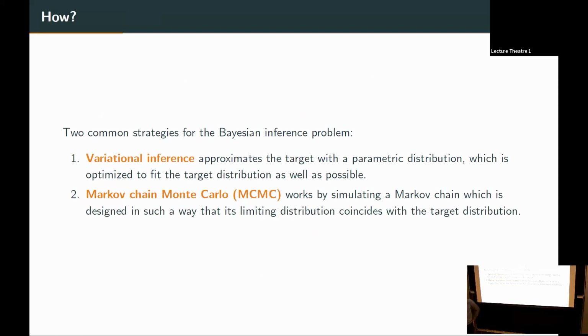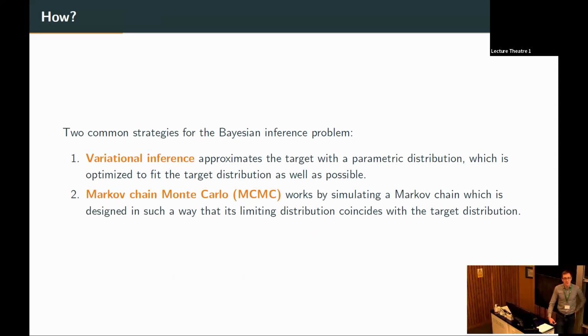So assuming then that this pi of x is not available, typically, we need some way of approximating it. Two common strategies for this approximate Bayesian inference are variational inference and Markov chain Monte Carlo, where variational inference would mean that we postulate some parametric family of distributions that are now our approximating distributions, and then we try to optimize the approximation within that parametric family to get an approximation that is as close as possible to the true posterior in some sense.